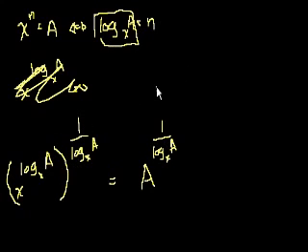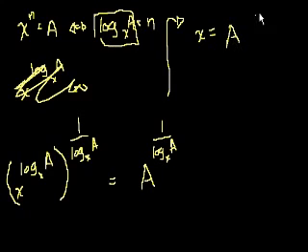So that gets us to x to the 1 power, because log base x of a over log base x of a is equal to 1. So that's the same thing as x is equal to a to the 1 over log base x of a.